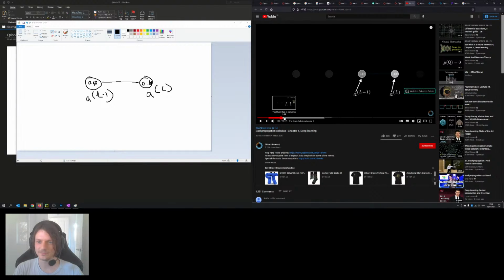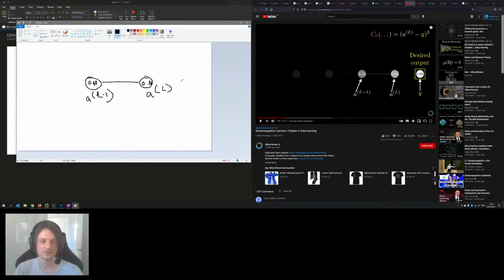And then the desired output is denoted as y. So y is the desired output of 1, and I don't know if you can see this, I think you can see this, maybe.